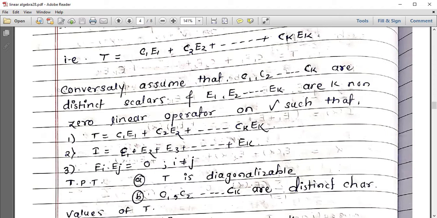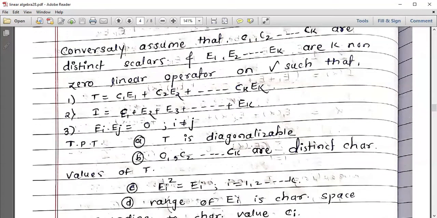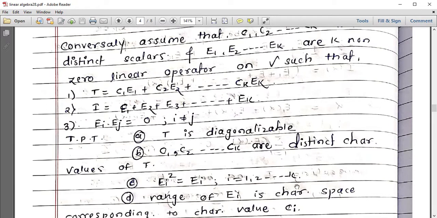And C1, C2 up to Ck are distinct characteristic values of T, and also E_i square is equal to E_i, that is, each E_i is a projection on V, for i equal to 1 to k.